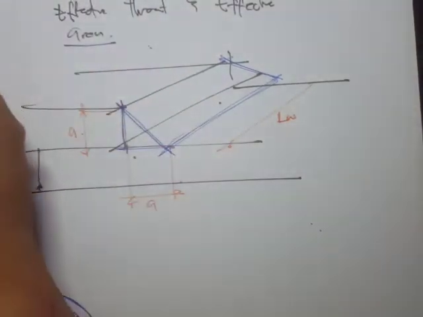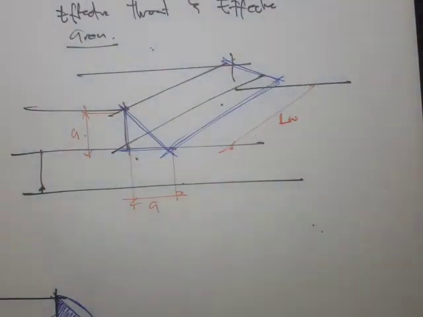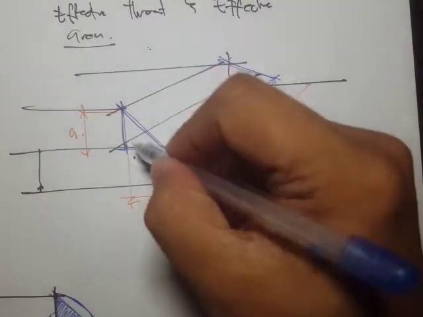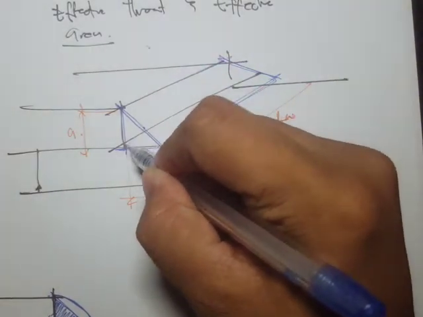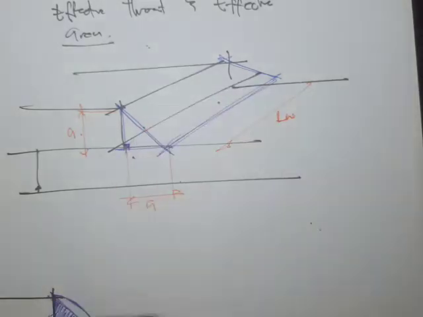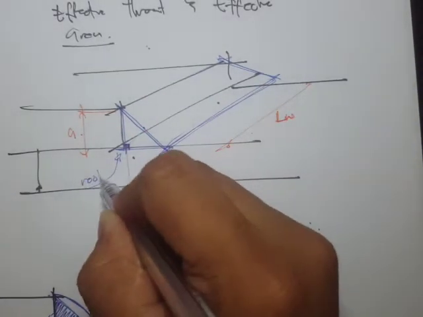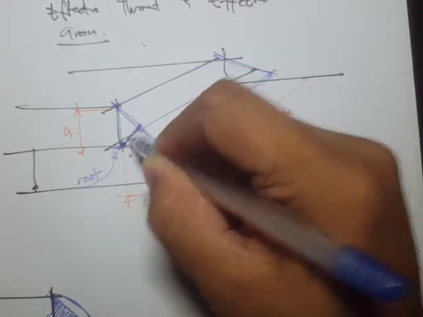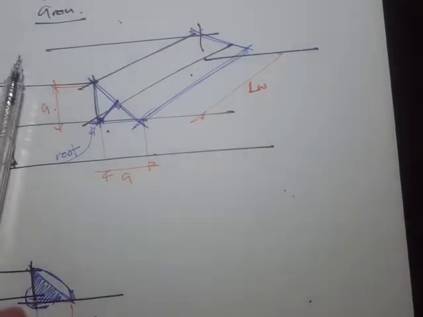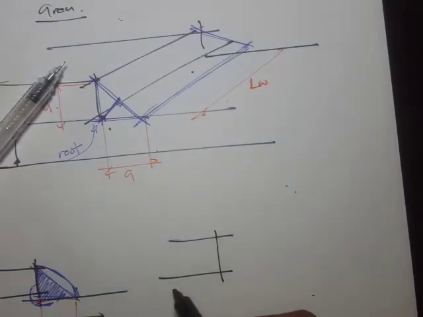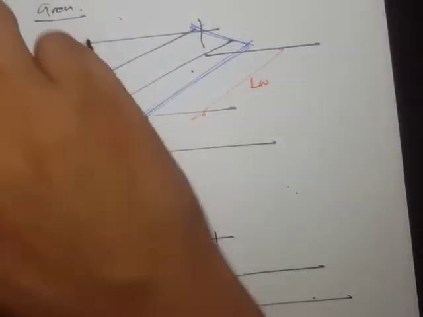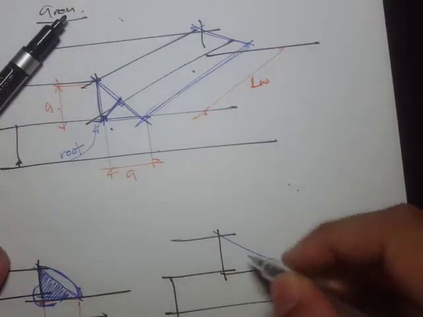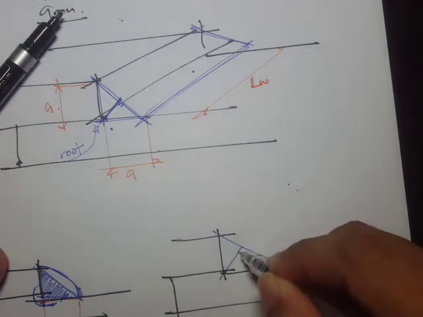And this section that is considered to be effective in carrying the load is this throat. Okay, so the throat is the distance from this root, okay, from this root perpendicular to this hypotenuse. Okay, so that is the throat. So in this side view, this throat is the distance from this root up to here.